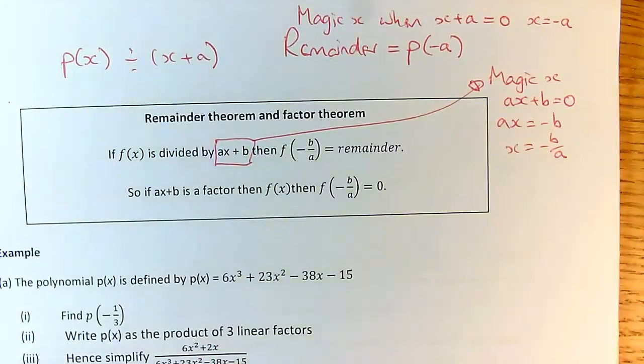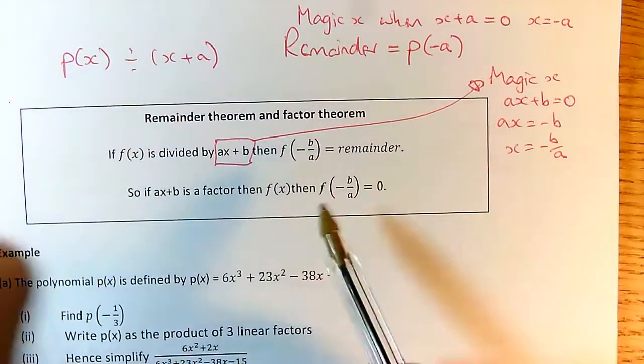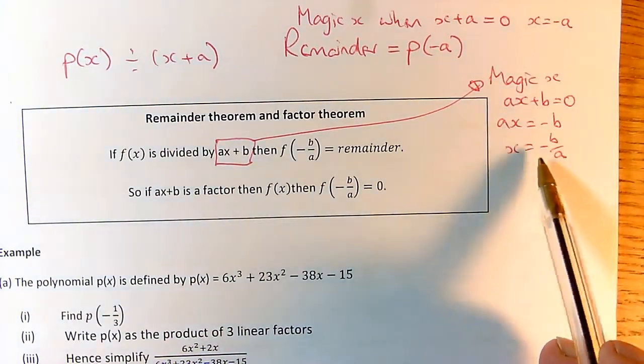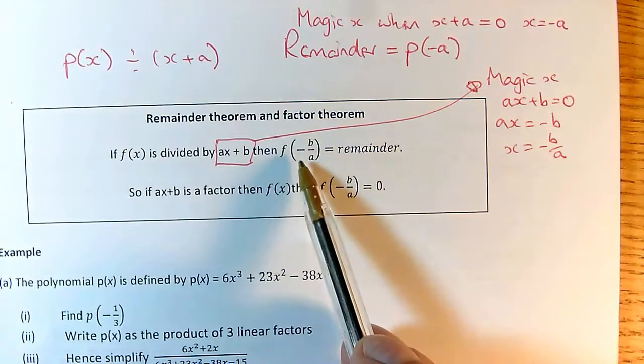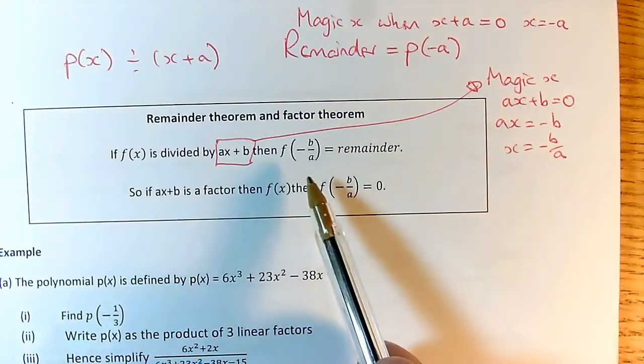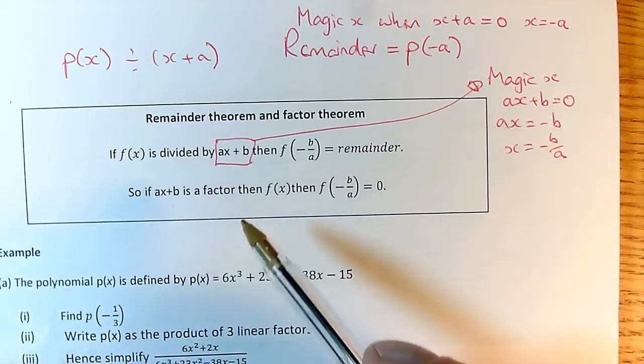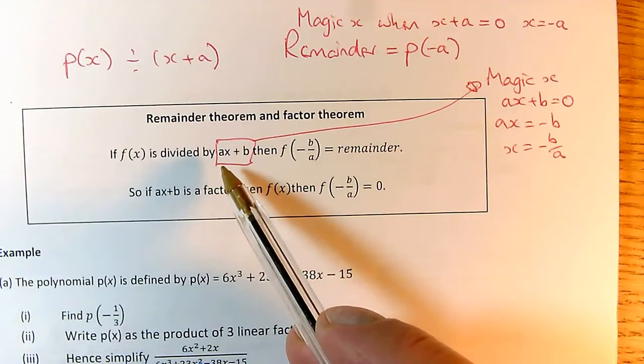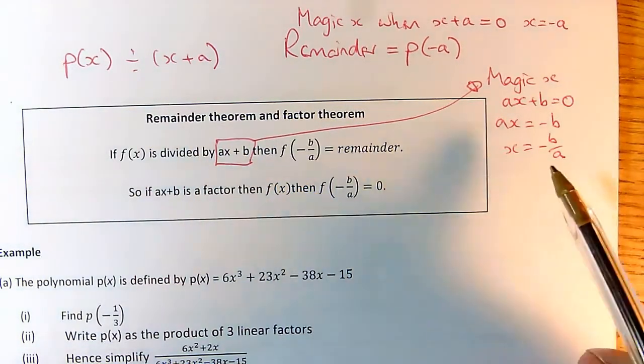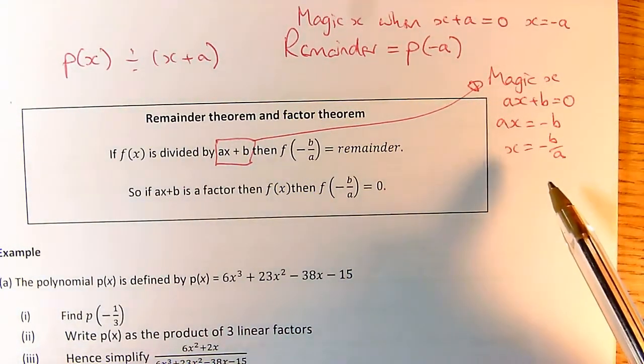So this is just an extension of the same method. In order to find the remainder, I need to put that minus b over a, this magic x we've just found, into the f of x. So this is exactly the same method as we had in core 1. It's just there may be a number in front of the a, and you have to take that into account when you work out what I call the magic x.